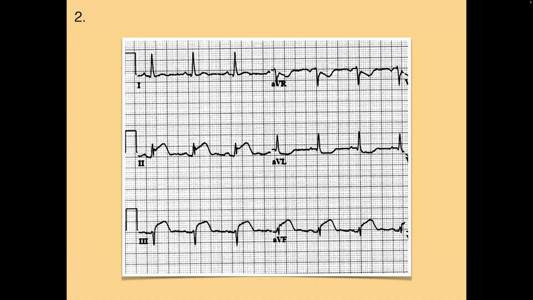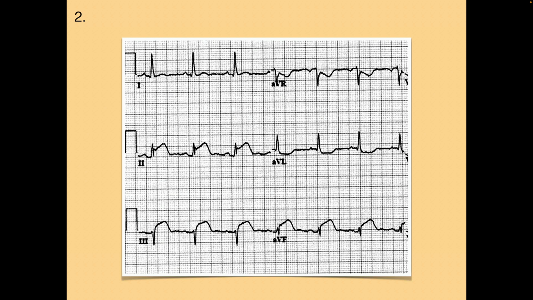Okay, number 2. Along the same lines, elevation in 2, 3, and aVF, and then reciprocal depression minimally in aVL. Correct. In aVL, I'm going to push back a tiny bit, for 2 reasons.